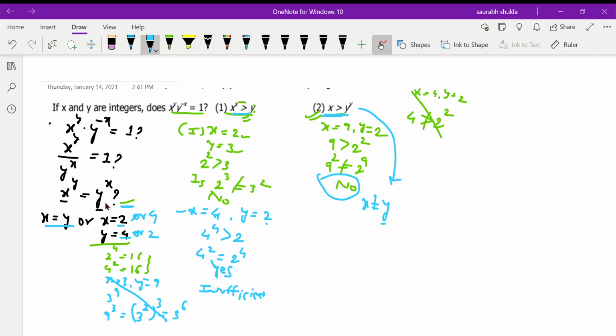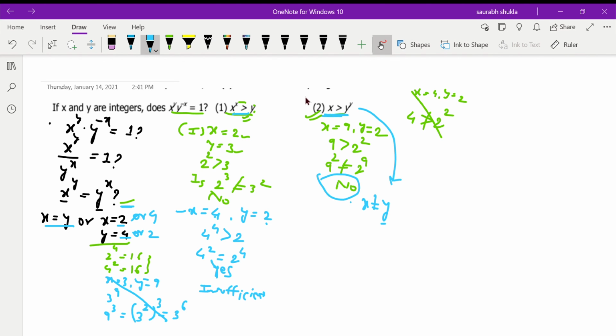What is the answer? Does x raised to y equal y raised to x? The answer is no, and it's a definite no. And I get it from statement 2 alone, right? So it's not about getting an answer as yes. Whether you get a yes or a no, you need to be sure. And whichever statement gives you that surety will be enough, will be sufficient.